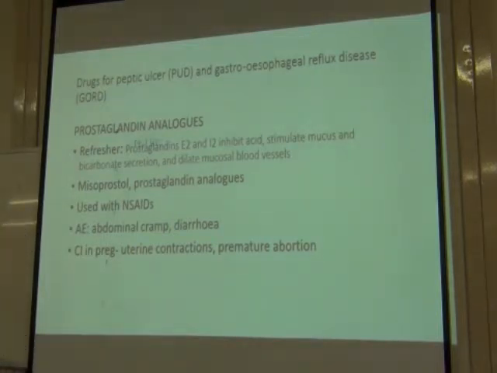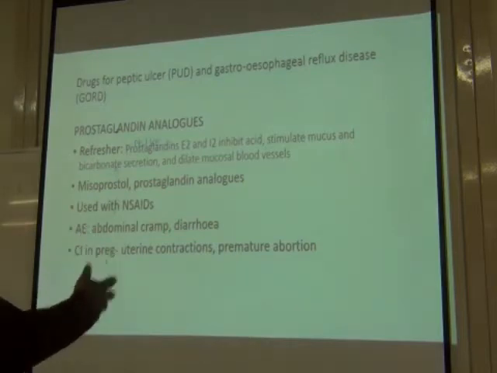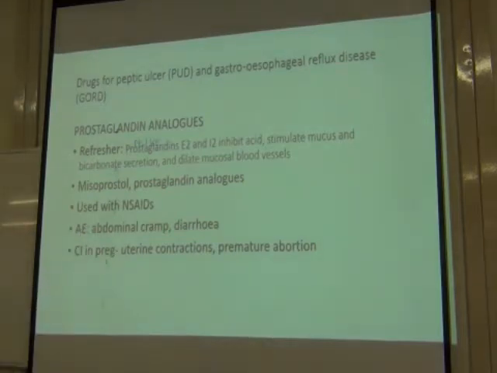It will induce uterine contractions, or it can be used for premature abortions because it induces uterine contraction. So it's contraindicated in pregnant women. If a woman is pregnant and she needs to use an ulcer drug, definitely misoprostol is not the drug of choice for a pregnant woman. All right.